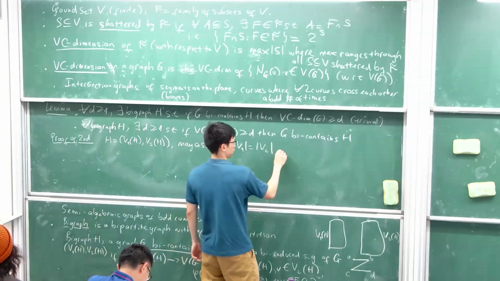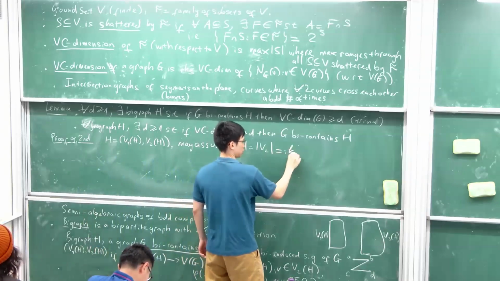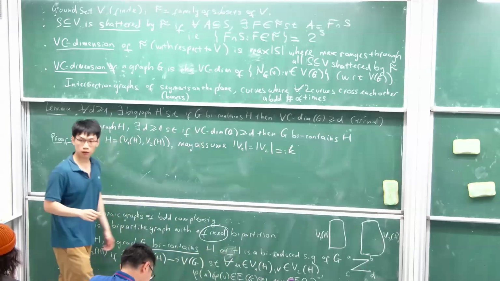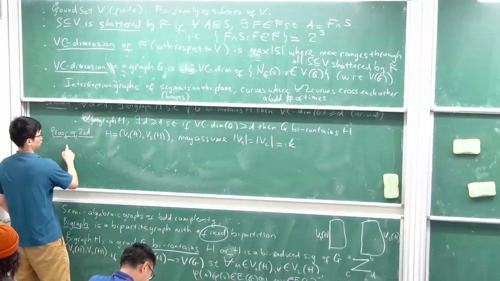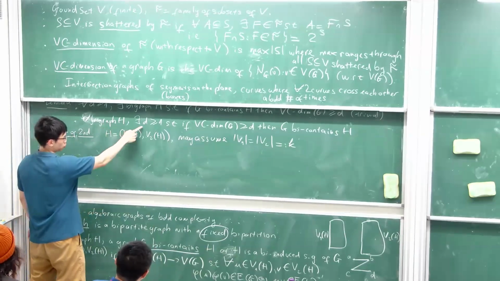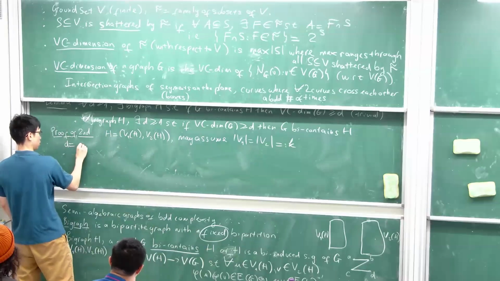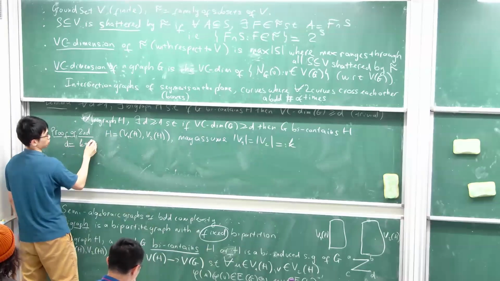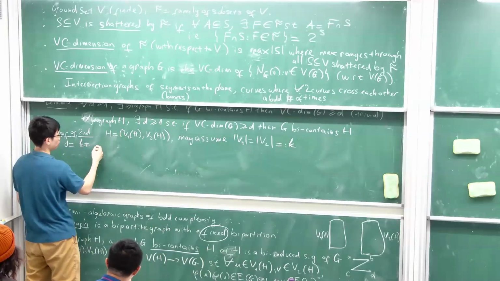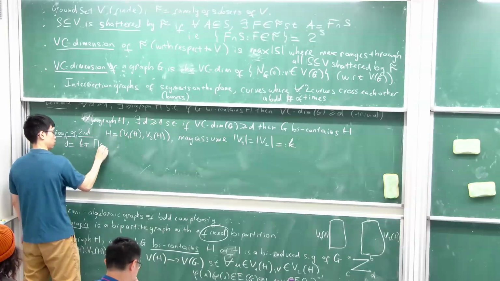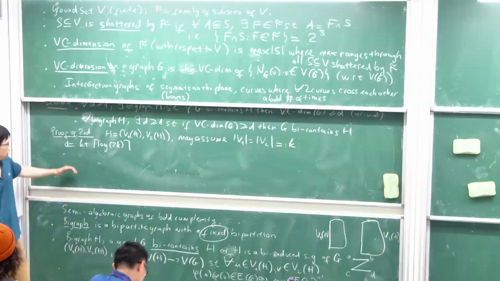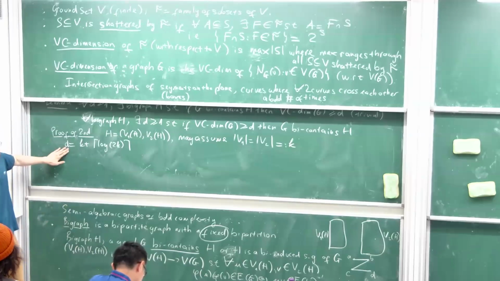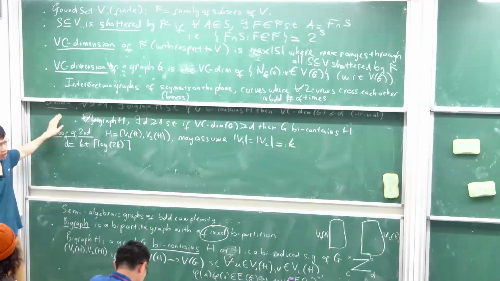Let me say this size is K. Now I'm going to show that if I choose D to be K plus log 2K, and assume D to be an integer, this D is going to satisfy the second claim of the lemma.